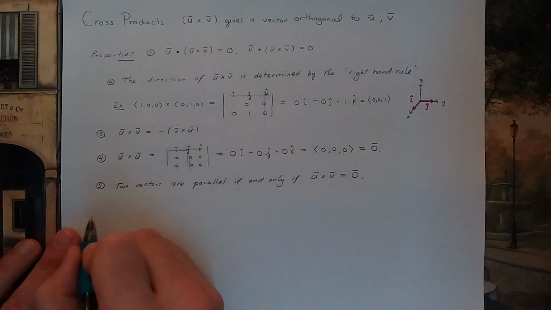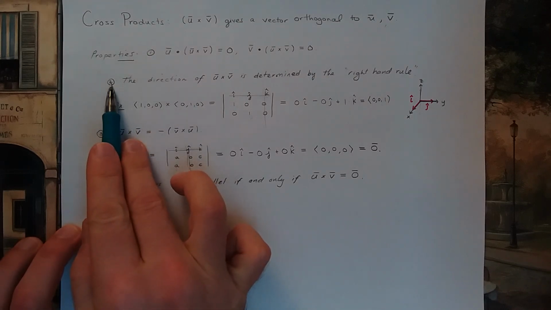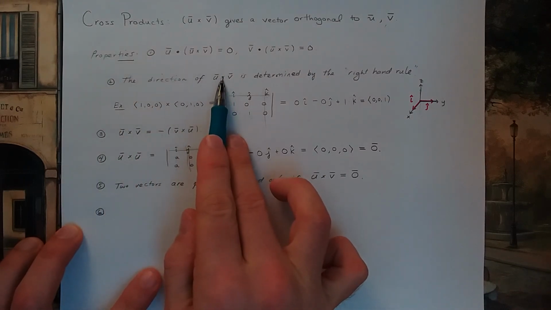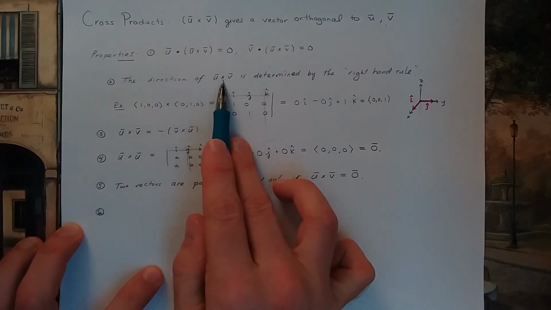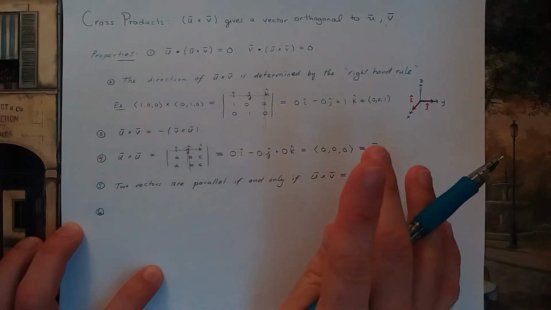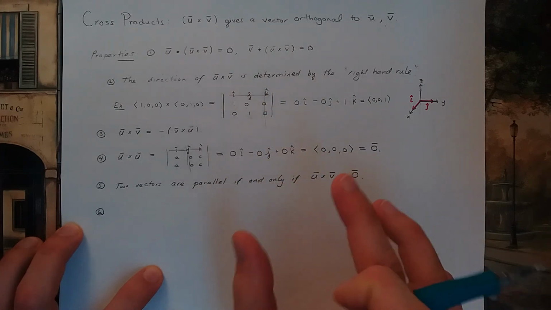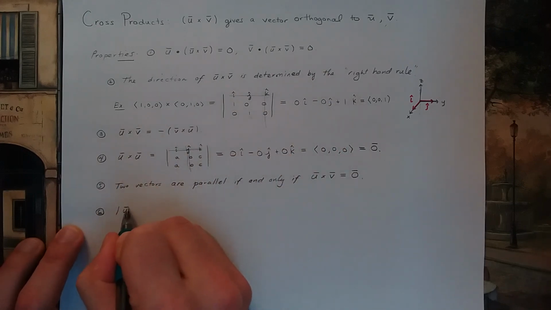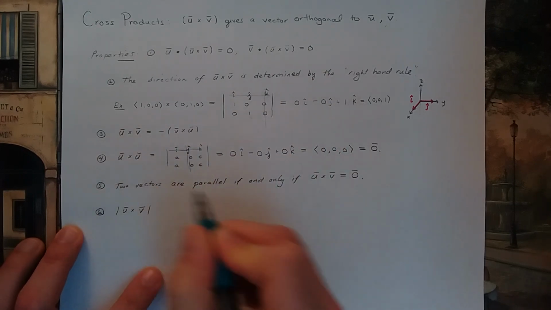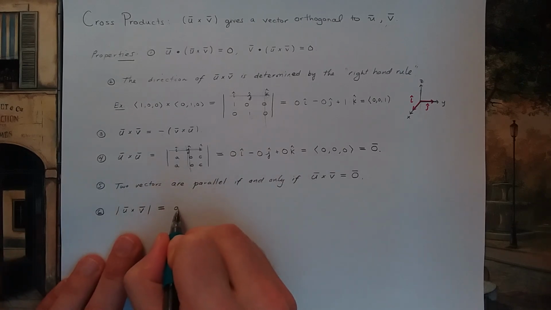And the last property I want to write down is property 6. So property 2 gives me the direction of the cross product vector. But as we know, vectors are described by two things: a direction and a length. So property 2 gives you the direction. I'm going to show you the length now. What is the length of U cross V? Well, you could do a bunch of algebra.